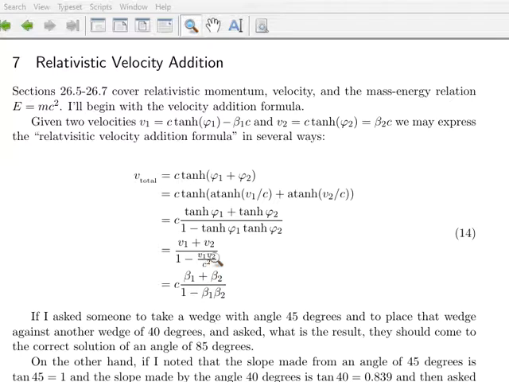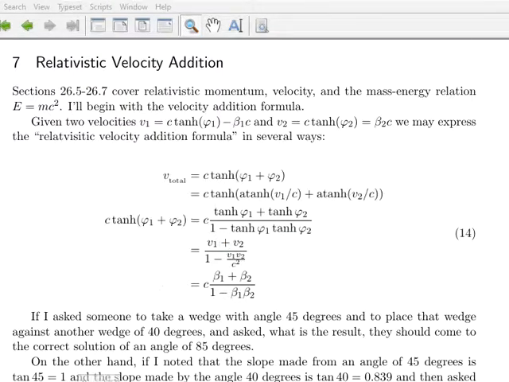This is essentially the hyperbolic angle addition formula. Basically, except for the extra presence of the c here, it's tanh phi1 plus tanh phi2 over 1 plus tanh phi1 tanh phi2.